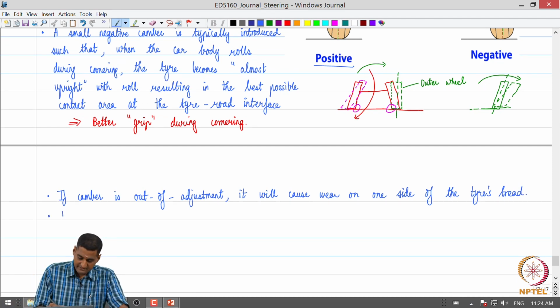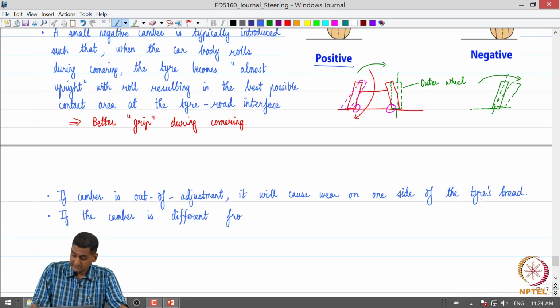And if the camber is different from side to side, it would lead to pulling.